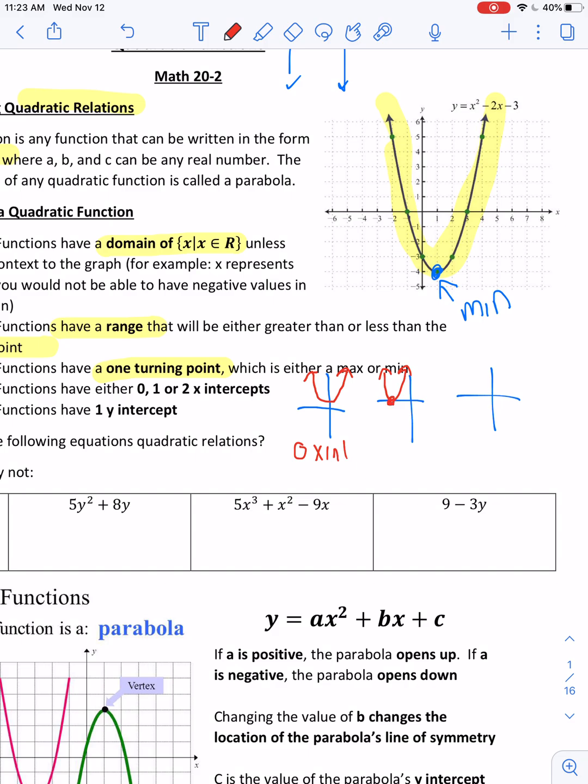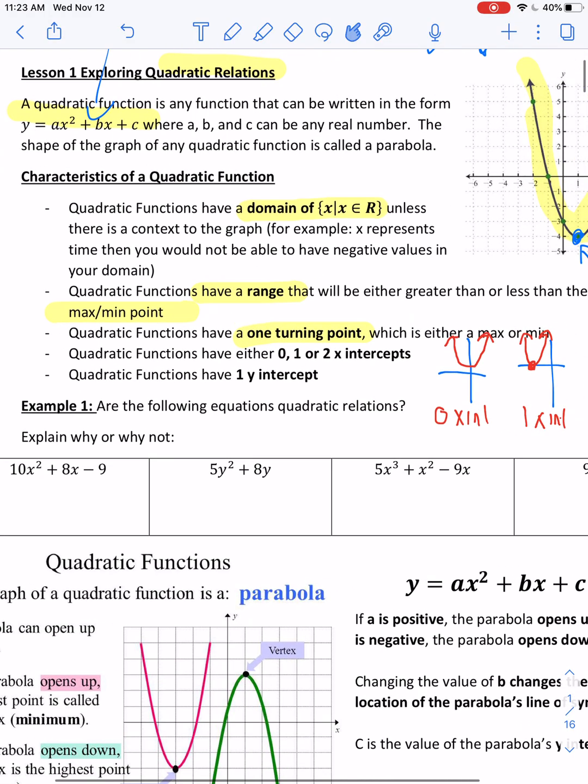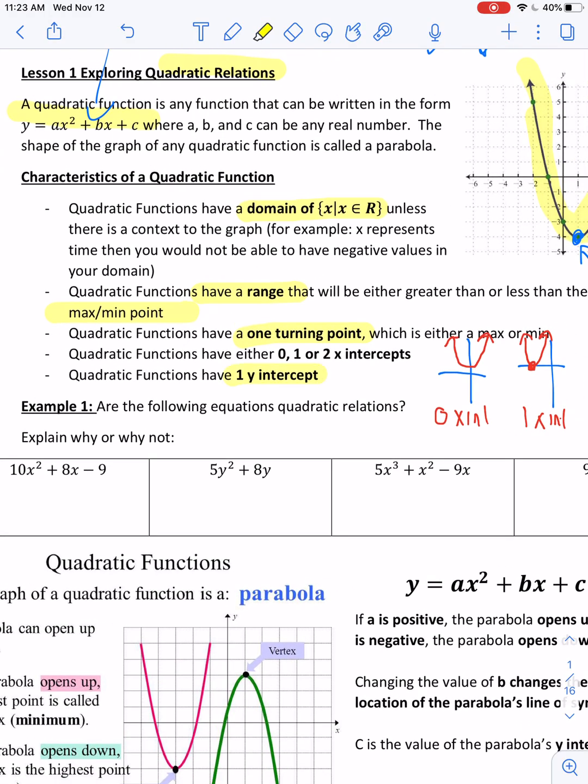So that would be an example where we have 1 x-intercept. Most of the graphs we're going to look at will cross the x-axis at 2 places, so they will have 2 x-intercepts. All right, no matter how we draw a quadratic function though, it should only have 1 y-intercept or else it's not a function anymore.